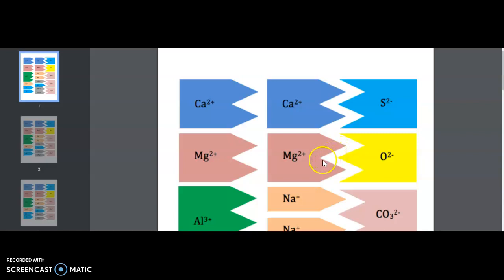I've printed mine out and I'll be cutting them out along the lines. And you'll notice that if you put calcium and sulfur together, they need to fit. So 2 teeth, 2 notches. That compound is calcium sulfide. And there's 1 calcium and 1 sulfur.